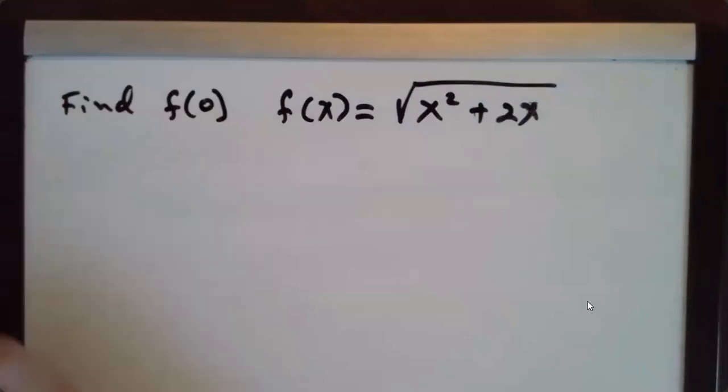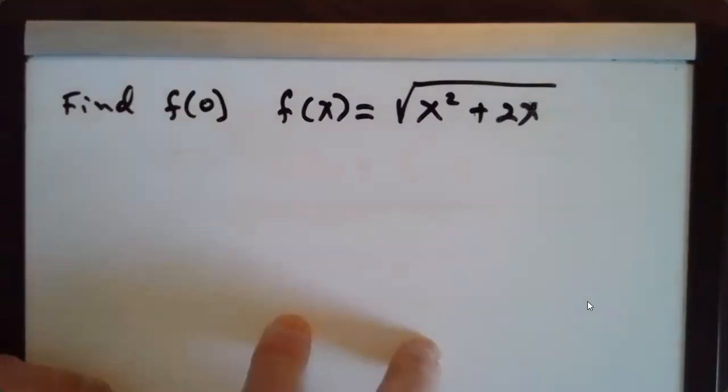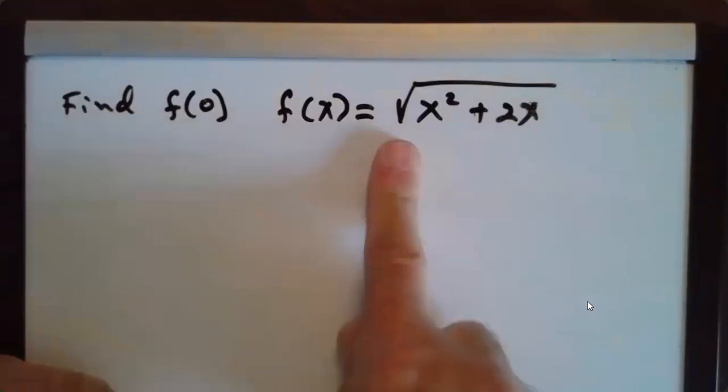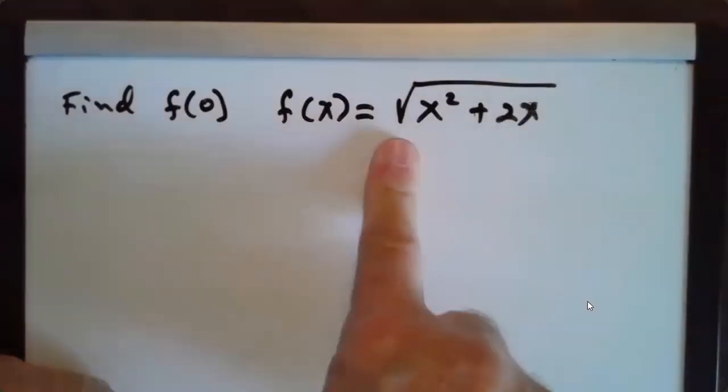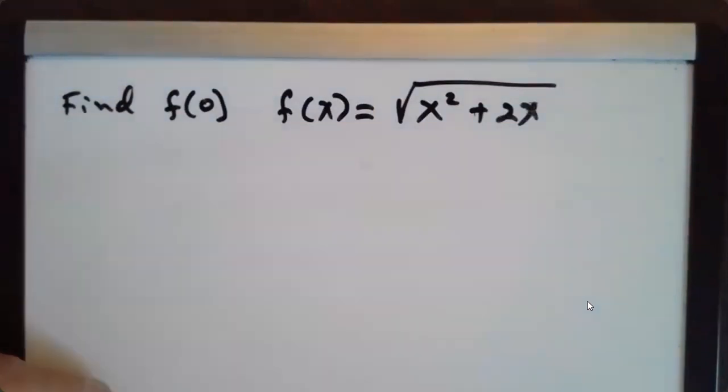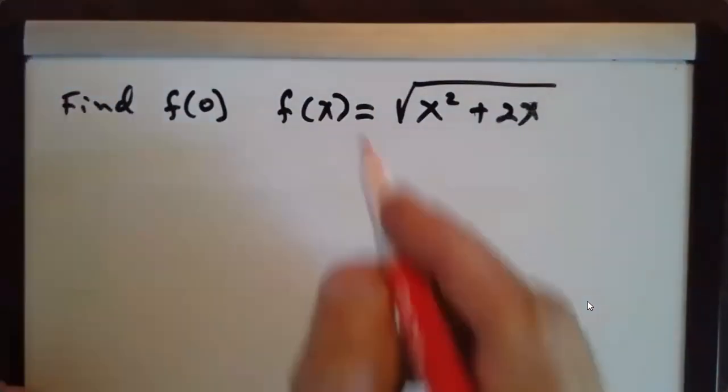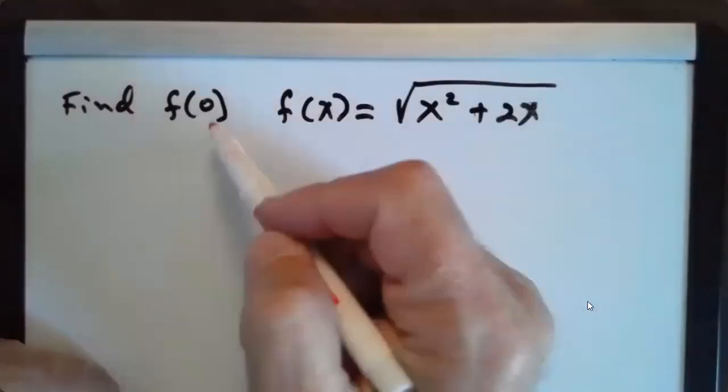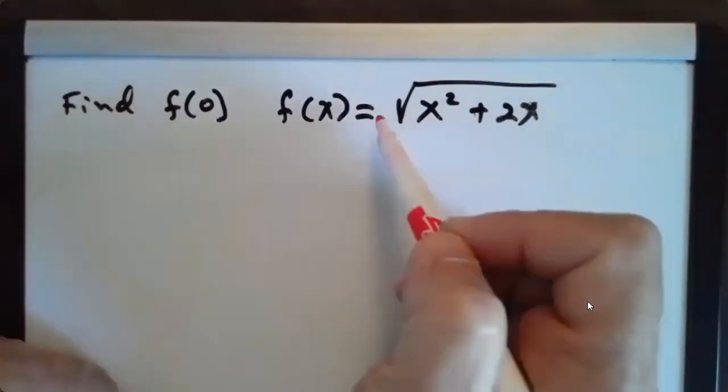And what I found was that students were getting the hard part right, but this they had trouble with. So if you have trouble with that, no problem, because you're not alone. Okay, all we're doing here is substituting in 0 for x.